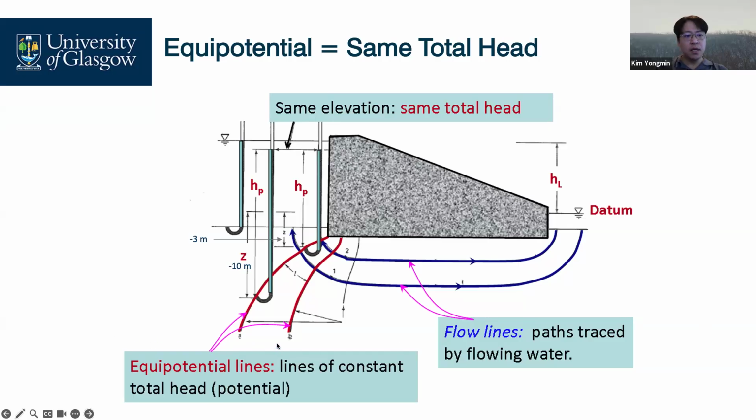Then at this point we have a certain height of water pressure, which is the pressure head, plus this amount of elevation head. And at this point we have, wow, a long height, I mean, a high pressure head plus this amount of elevation head. When you set your datum, the total head along this line should be the same. This is the true one.